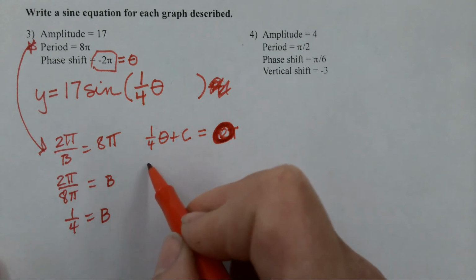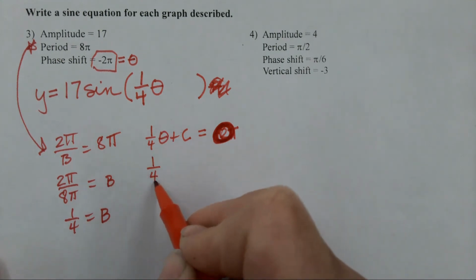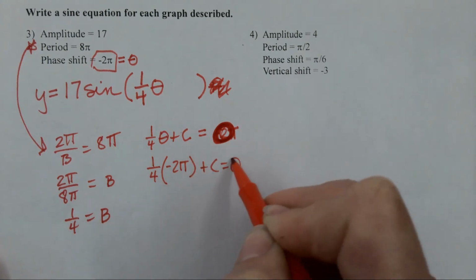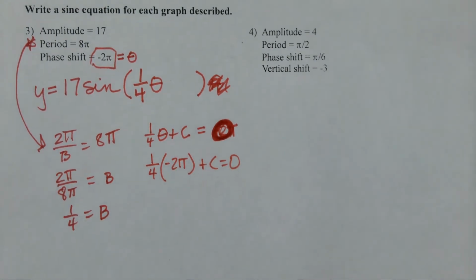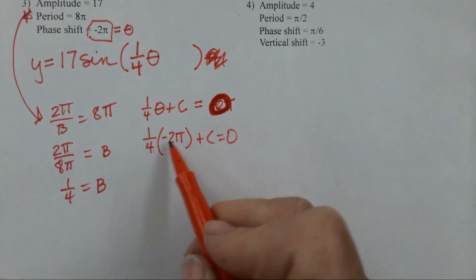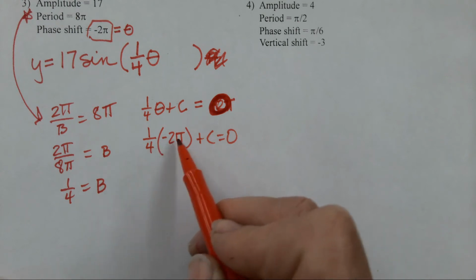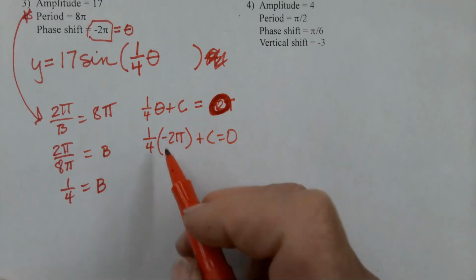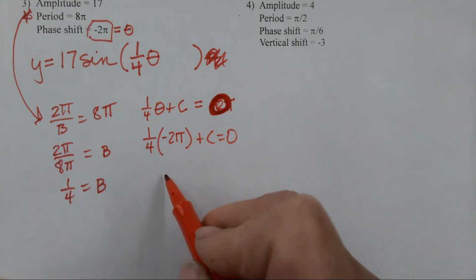So I'll plug that in. So 1/4 times -2 pi plus c equals 0. Now I have to do my algebra. What's this, 1/4 times -2 pi? What is it?